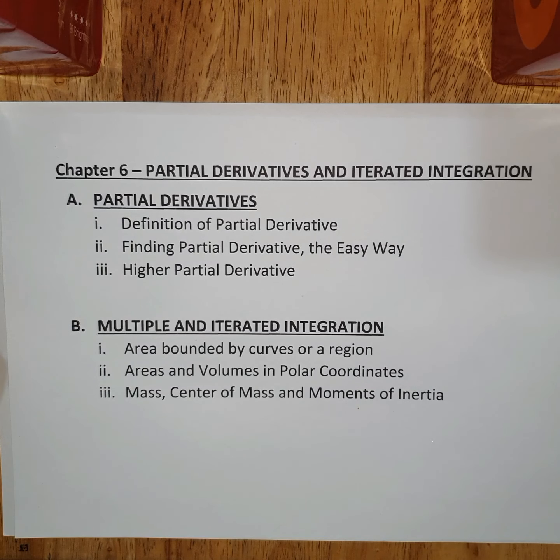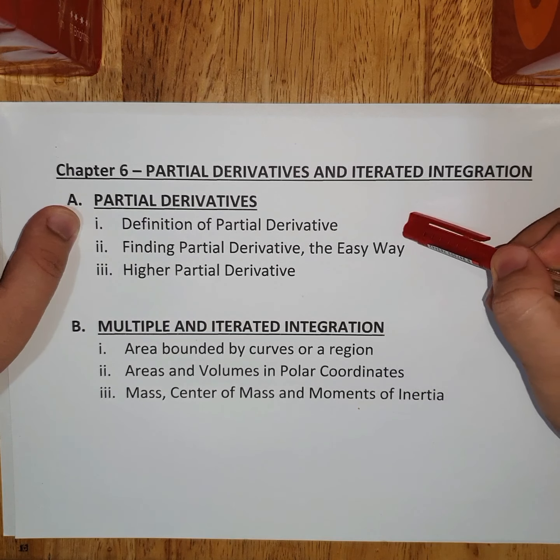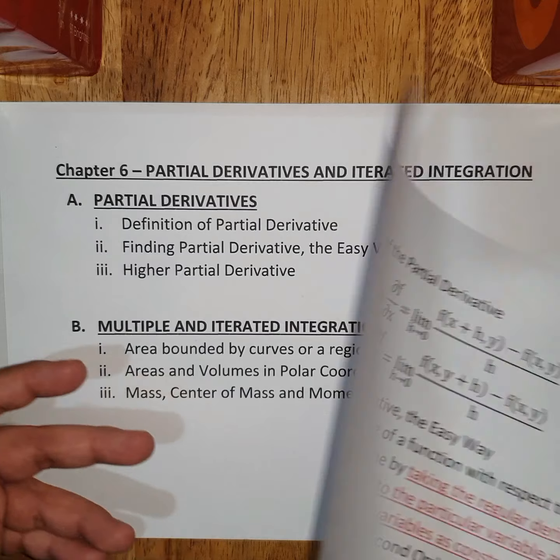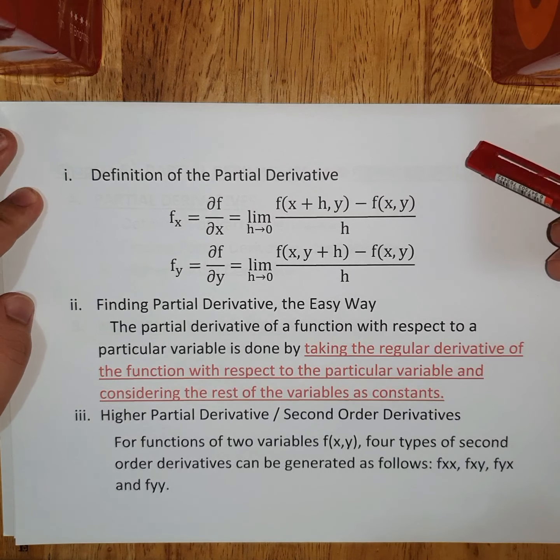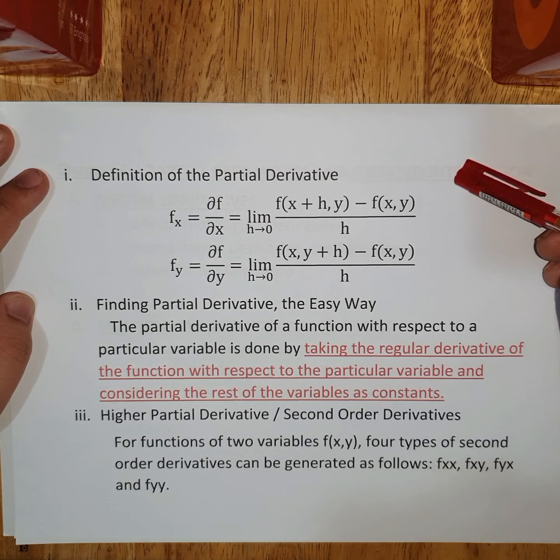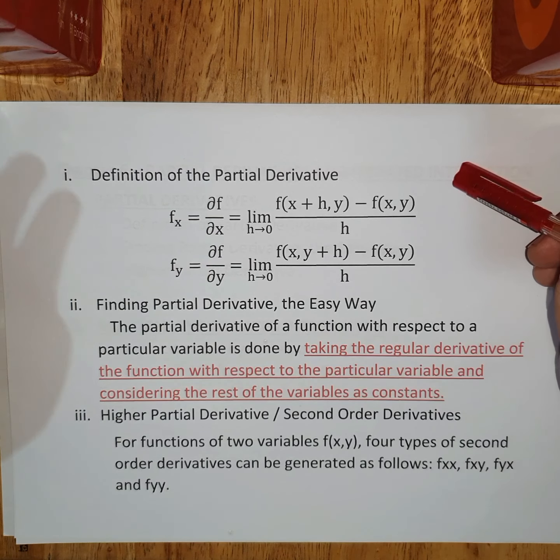Okay? So let's start. Let's first start with the definition of partial derivative. As stated in the module, the partial derivative mainly focuses on differentiating a particular variable, where we consider only one variable with respect to the whole function.